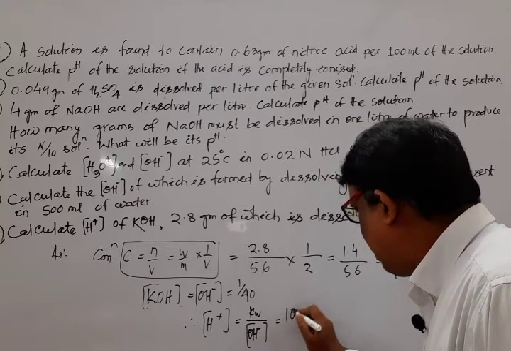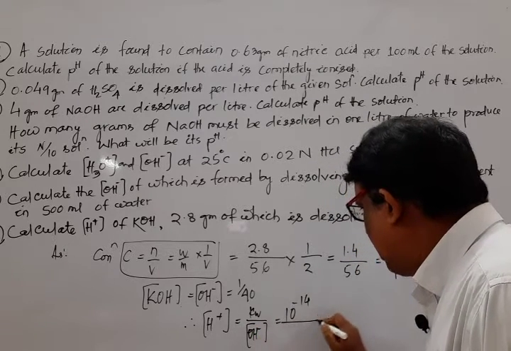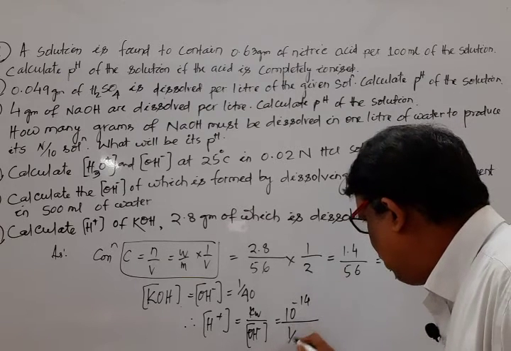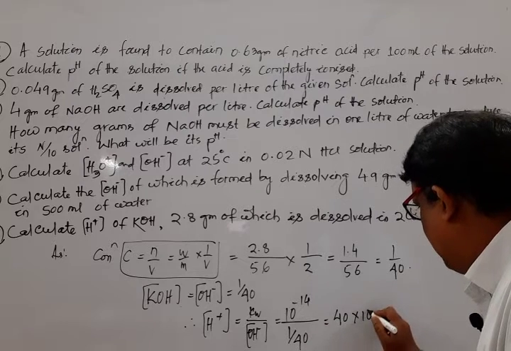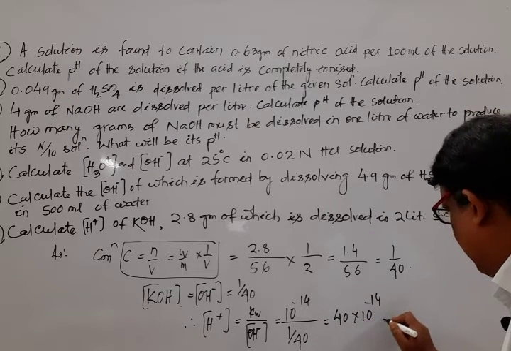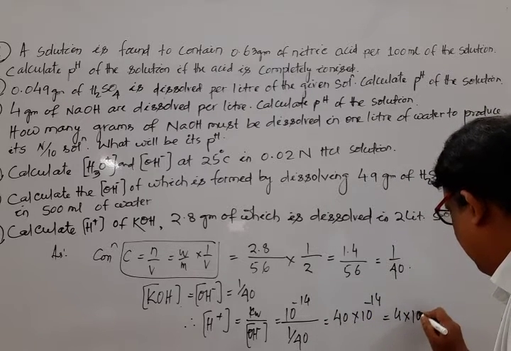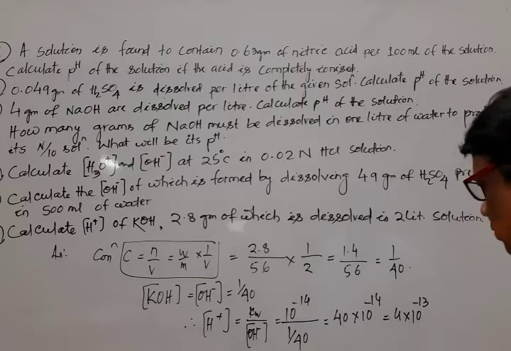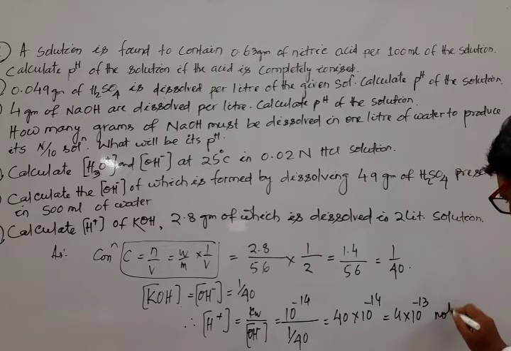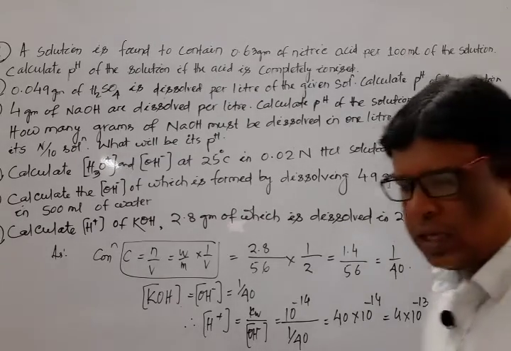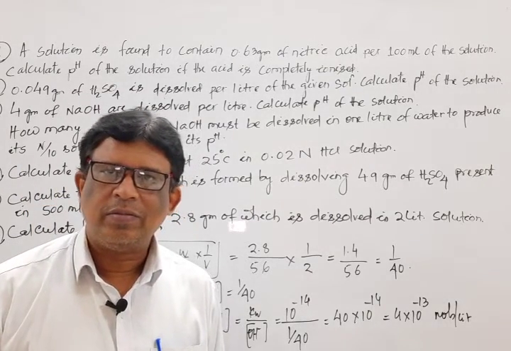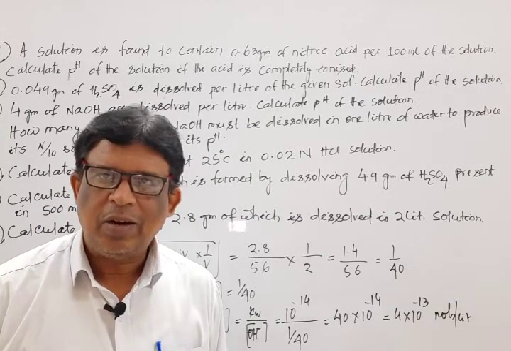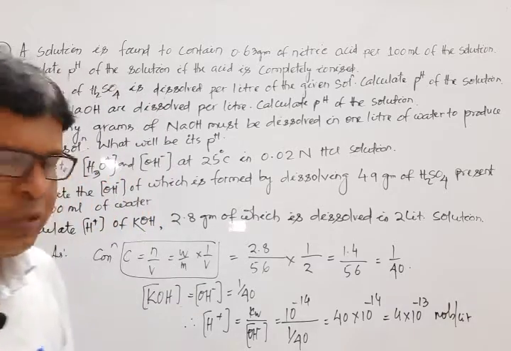We know the value of Kw is approximately 10 to the power minus 14, by 1 by 40, is equal to 40 into 10 to the power minus 14, is equal to 4 into 10 to the power minus 13 moles per liter. It is the H plus ion concentration of KOH solution. Any doubt? No. Good. Move to the next one.